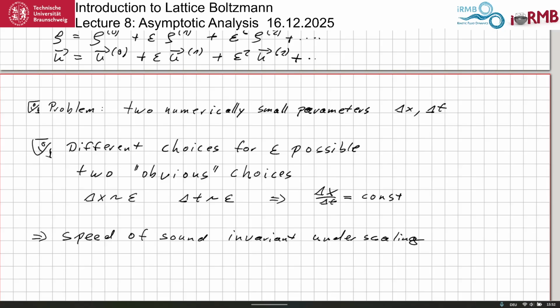So the speed of sound is invariant under scaling, and this is where the name of this procedure is drawn from. It's called acoustic scaling, because the speed of sound is invariant under scaling.